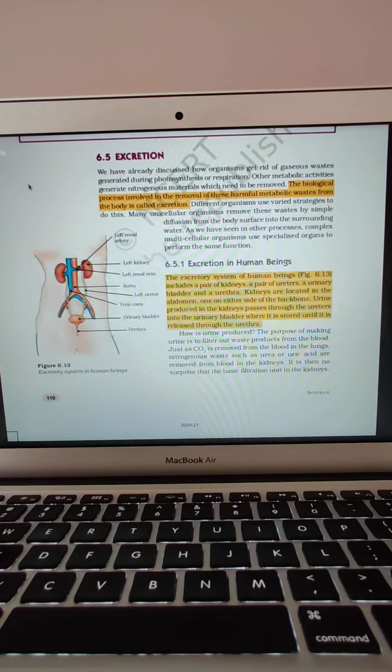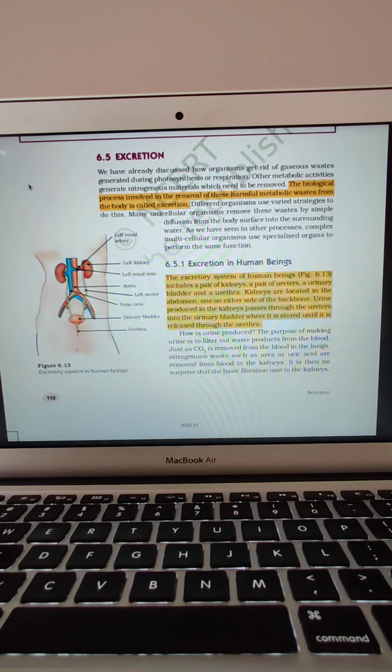So when we talk about the shape of a kidney, the kidney is bean shaped, and its size is 11 to 13 centimeters in length. Remember students that both the kidneys are not equal in size. The left kidney is larger than the right kidney. Why?